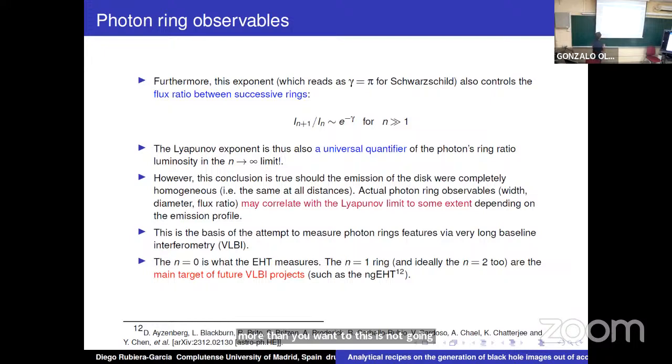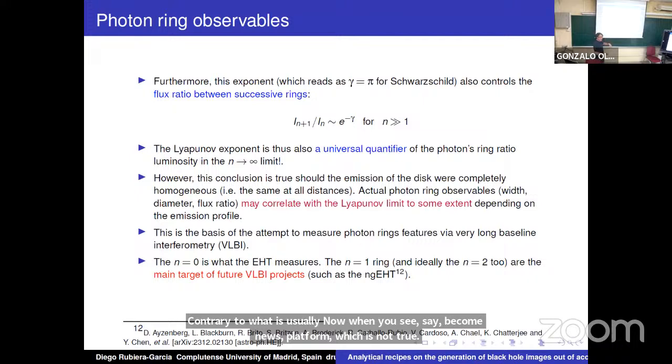Anyway, the n equal to 0 ring is what the Event Horizon Telescope, the device producing the images I showed you in the first slide, measures. They measure the direct emission, contrary to what is usually popularized. When you see a typical news item, a black hole with its photon ring, that's not true. That's the direct emission.